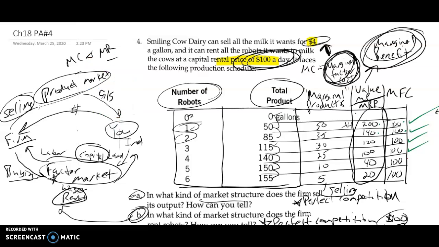So the next one we say no, and the last one no, because this one only generates 40, but it costs me $100 to get it, and this one only generates 20, and it costs me $100 to get it. So not worth it and not worth it. The other ones are worth hiring, and so I hire 4.